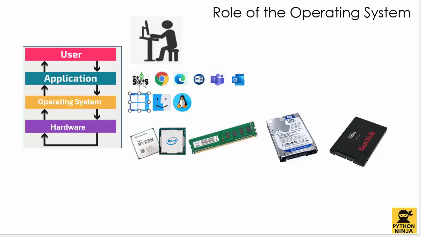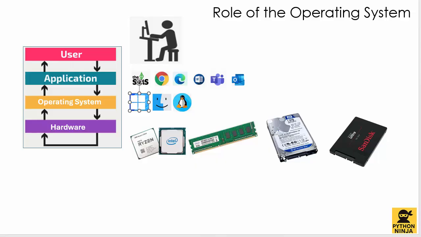Now, applications like a word processing application, or Teams, or email, or maybe you're browsing the internet, or playing a game. So the user is using an application. That application is interacting with the operating system, and the operating system is able to manage all the different hardware that is in your computer.